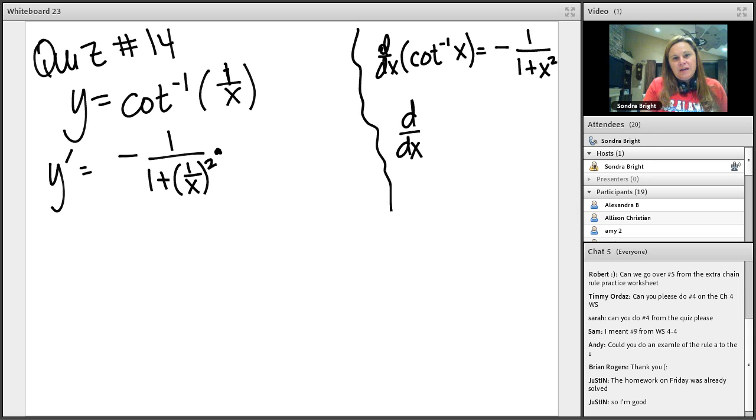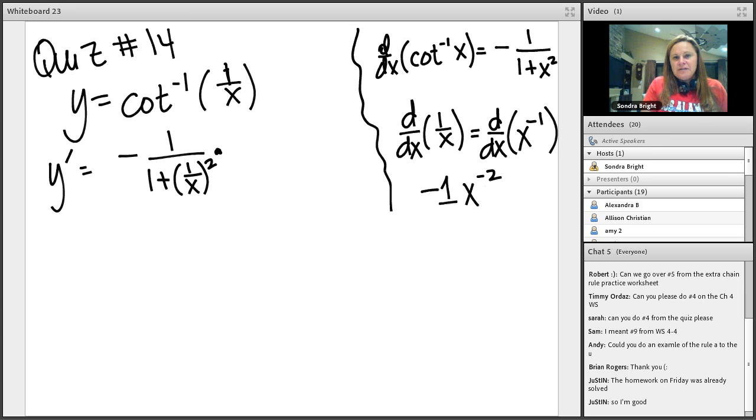So the derivative of 1 over x, I'm going to rewrite that as you're taking the derivative of x to the -1 power. And so that's pop and drop. You would have a -1 times x to the -2. And you could leave it like that, or maybe it will make more sense for you to say that's -1 over x squared. And so that's what I'm going to multiply by.